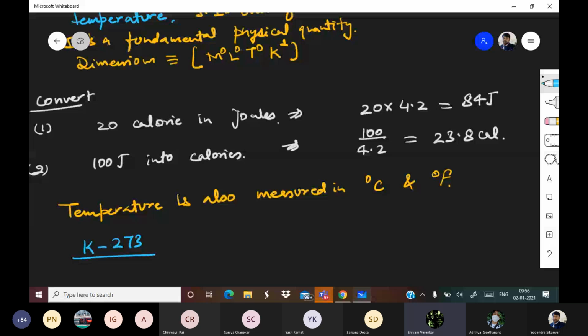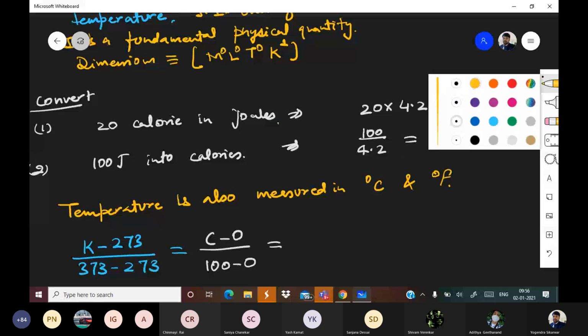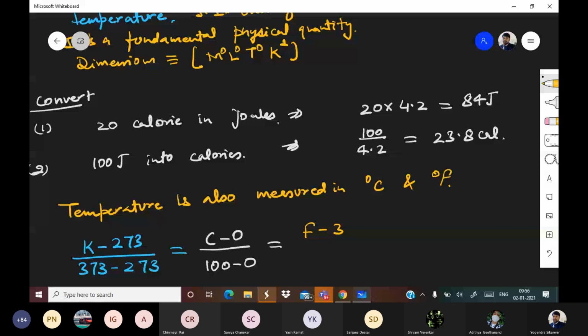(K minus 273) upon (373 minus 273). So this is K, the temperature in Kelvin, and that is equal to (C minus 0) upon (100 minus 0), and that is equal to (F minus 32) upon (212 minus 32).